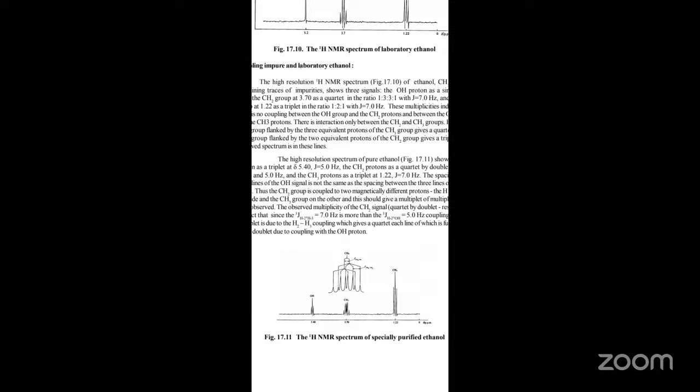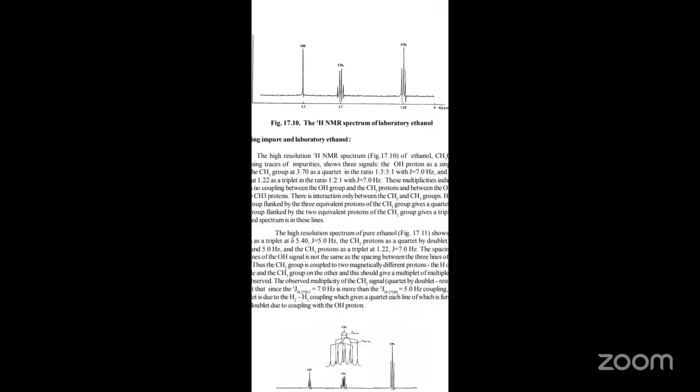Okay, and if you see the difference of both the spectra, in the above one the OH proton appears as a singlet. This is due to proton exchange. Due to the presence of impurities, that proton will be exchanged with the impurities, so we get only a singlet.